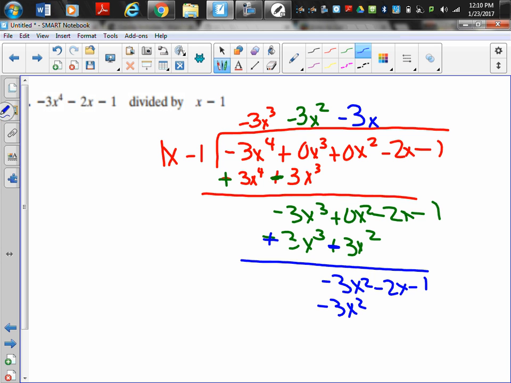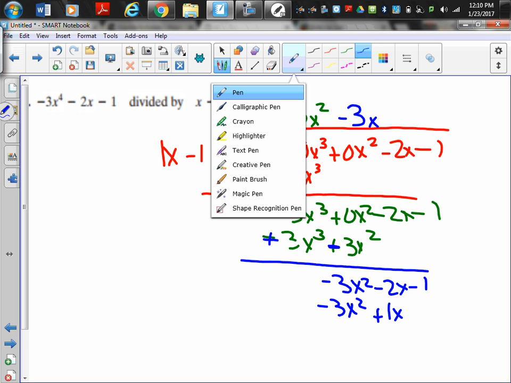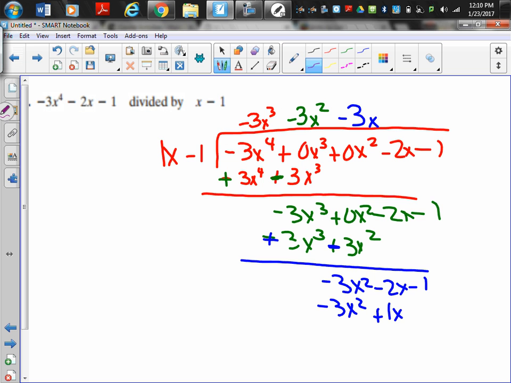Negative 3x times negative 1 is positive 1x. So, change it to the opposite because you're subtracting. That becomes a positive. That becomes a negative. Negative 3x minus 1.